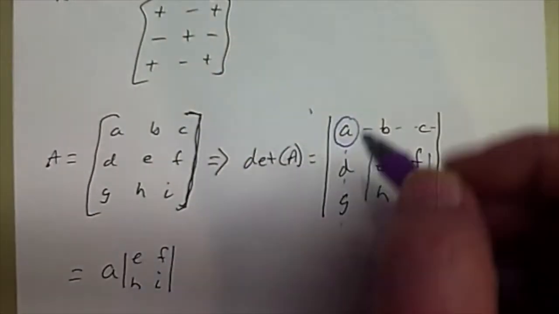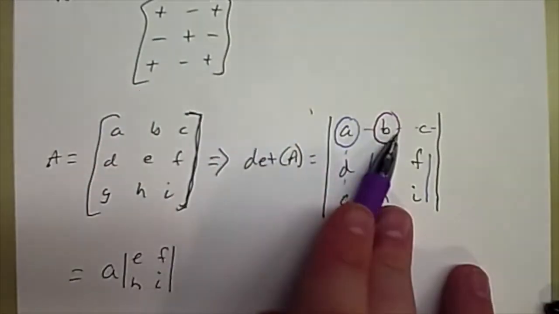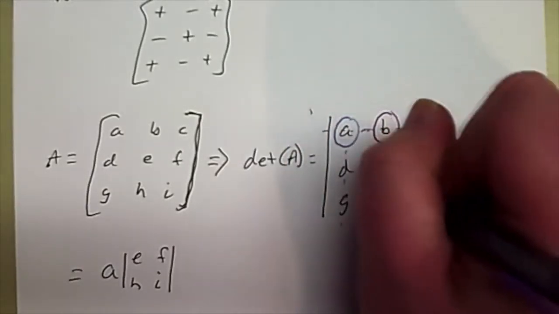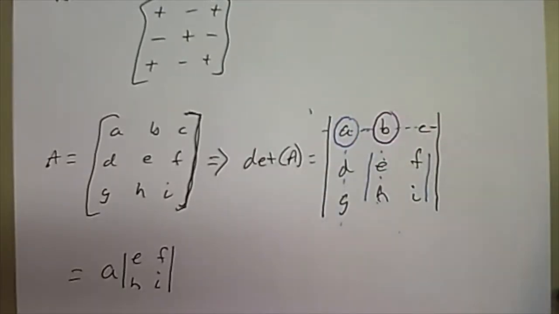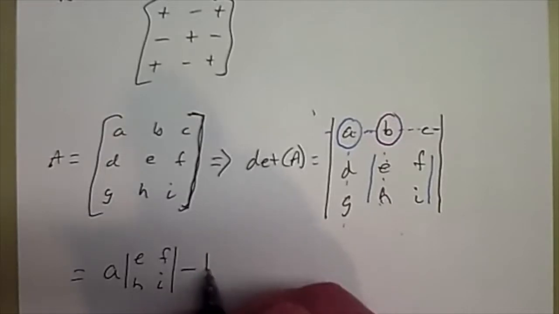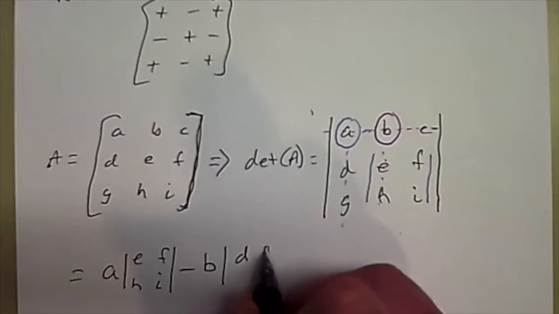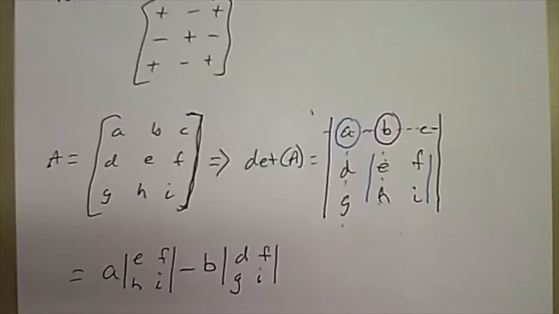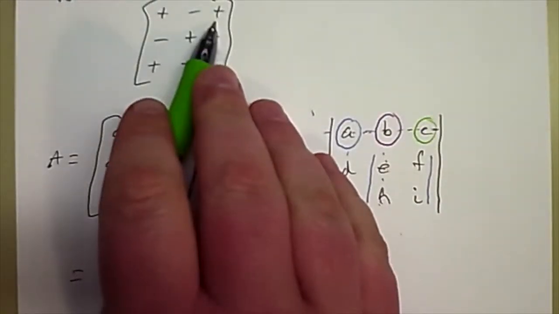Then we're going to circle B here, this next term, and it's the opposite sign of B, and I'm going to take out this top row, take out the middle column, and my determinant of the leftovers, D, G, F, and I. So it's going to be minus B times the determinant of D, F, G, I. And then finally, C, this guy here, it's going to be the same sign.